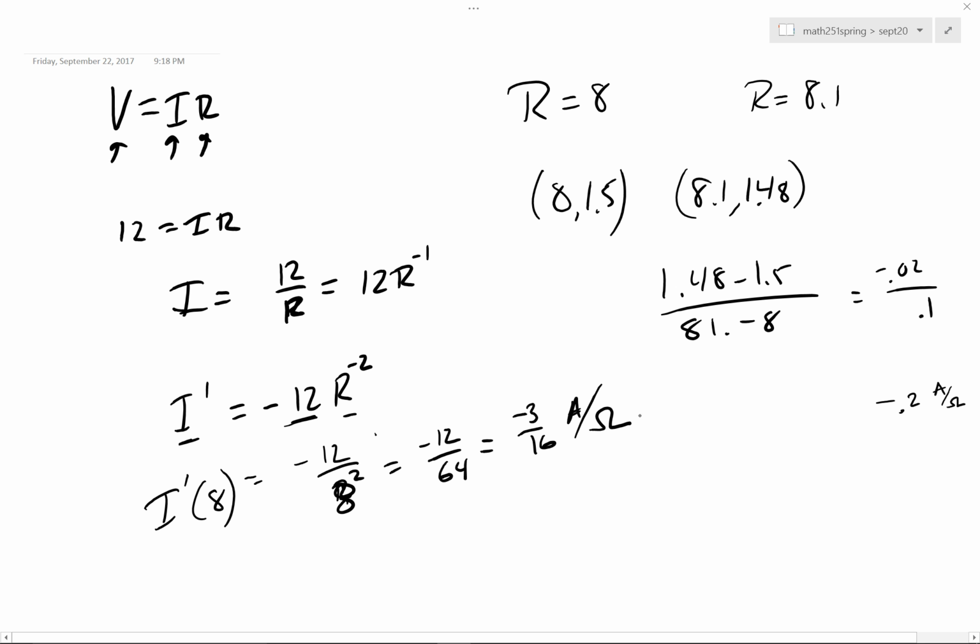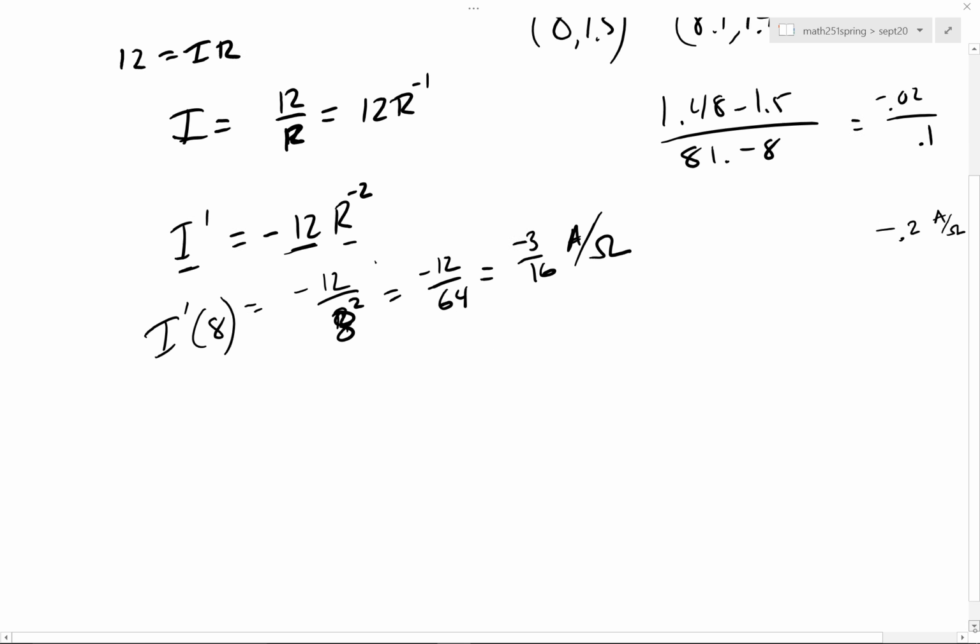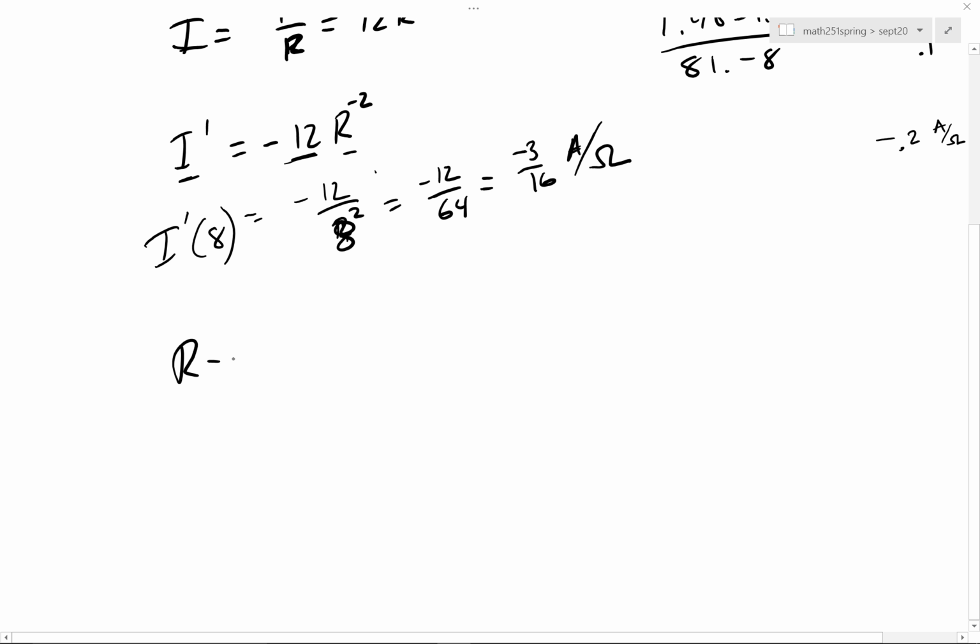Okay. And then it wants to know the rate of change of R with respect to I. Oh dear, what did they do? They turned the function inside out on us. Well, it doesn't take a rocket surgeon to see that it's the same basic problem. So R prime is negative 12 over I squared when you take the derivative. Same exact thing.